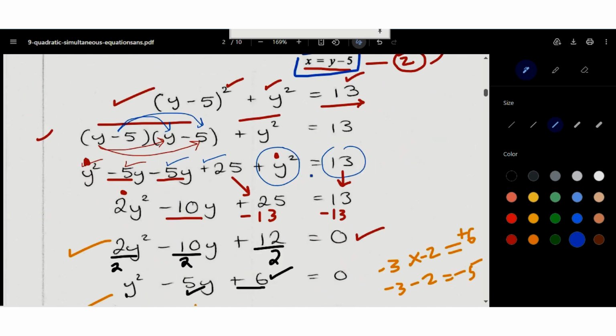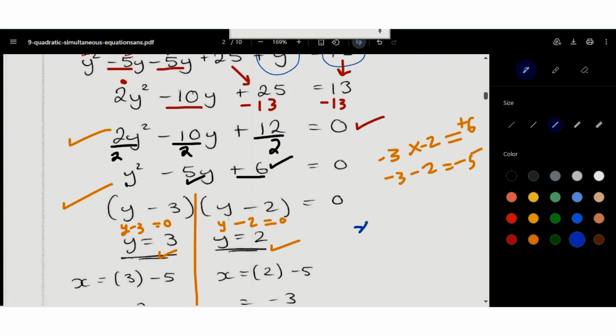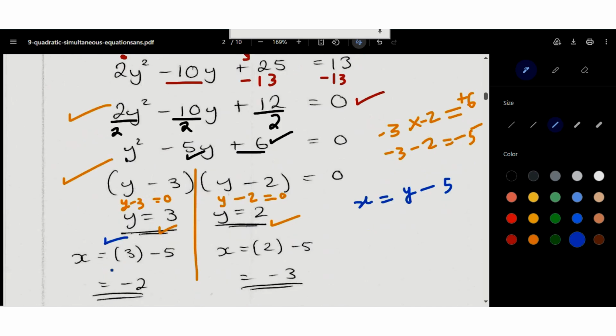If I wanna find x, I use this equation: x is equal to y minus 5. I have my y value 3, and I just substitute, 3 minus 5 here. I got x value minus 2. And then I substitute y is equal to 2 in place of y. I got 2 y answers and I get 2 x answers.